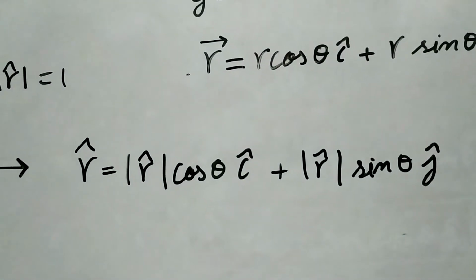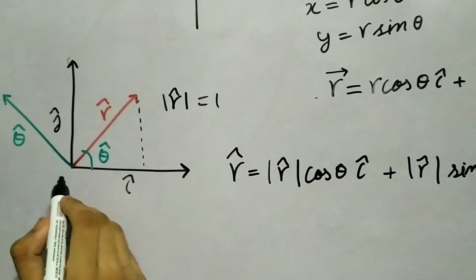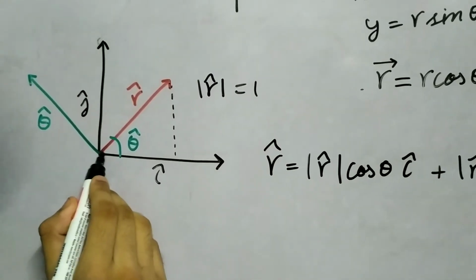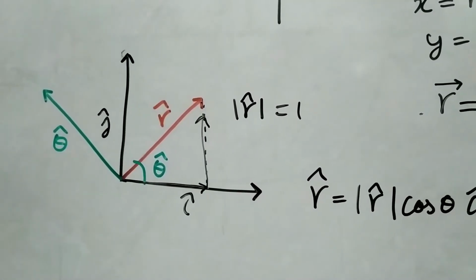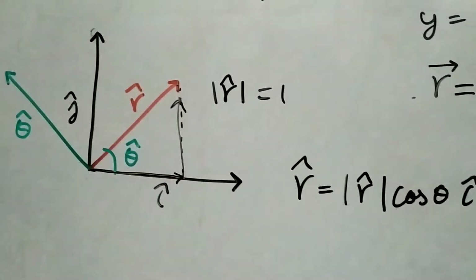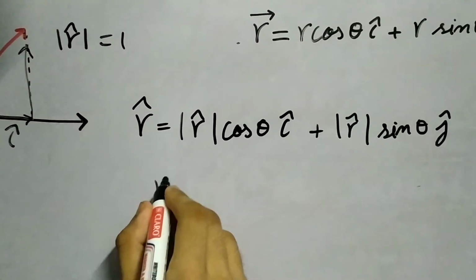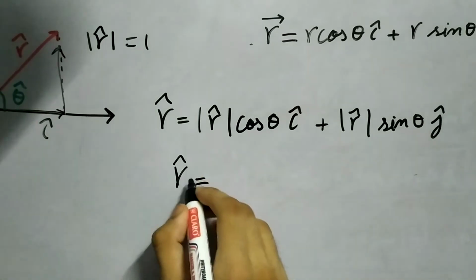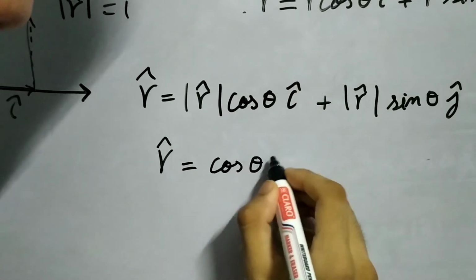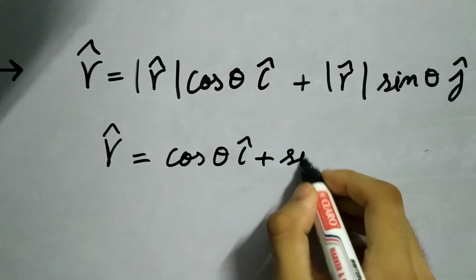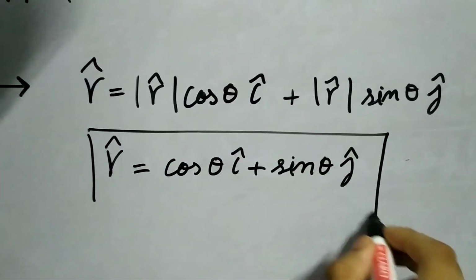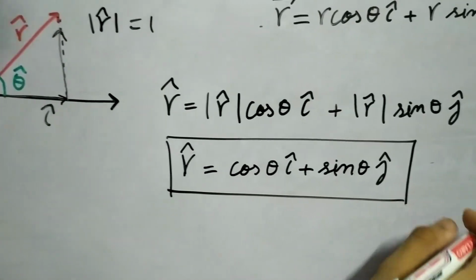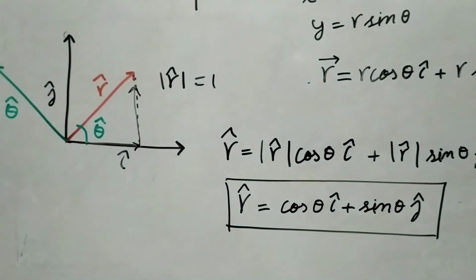This essentially comes from the fact that this vector can be represented as a sum of this vector plus this one. Since the magnitude of r cap is 1, we can easily say that r cap is cos theta i cap plus sin theta j cap. This is our unit vector r.